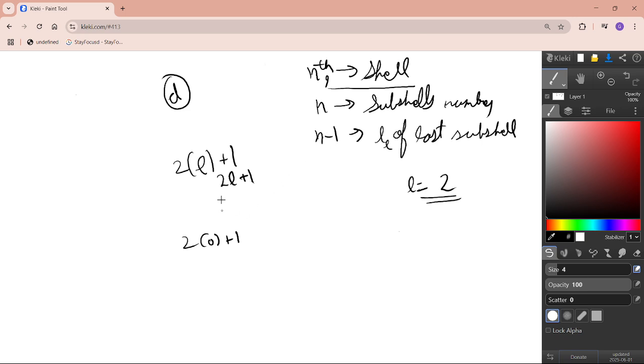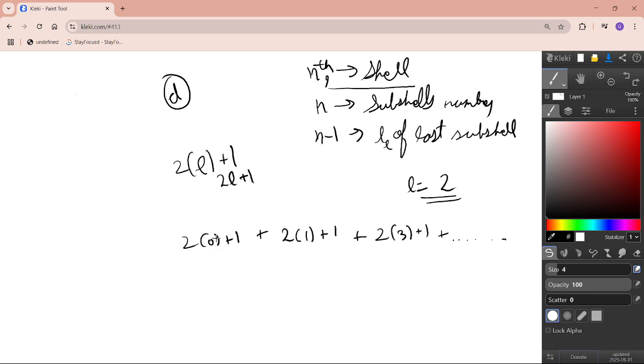The first subshell has an L of 0, so 2 times 0 plus 1 is the number of orbitals. Similarly, the second subshell has 2 times 1 plus 1 orbitals, and the third has 2 times 2 plus 1 orbitals. I'm talking about the subshells, and so on till you reach the last azimuthal quantum number.